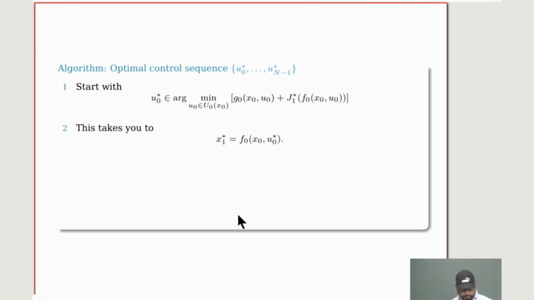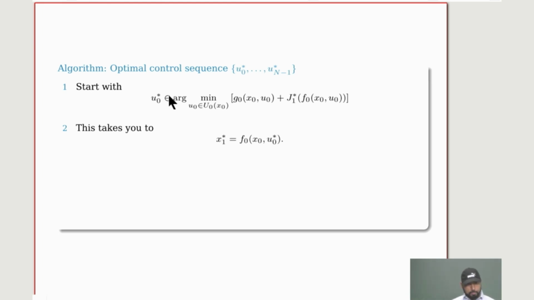So I'm looking at u0, the first step optimal control, what it will be. I am essentially minimizing over all these, and I know my optimal J1 star. I have calculated that. So this will help me choose the first control u0.